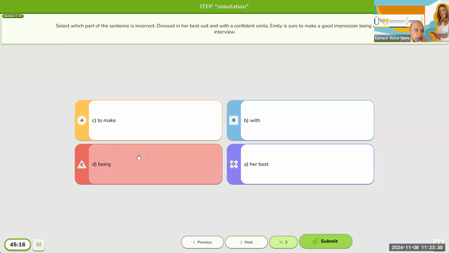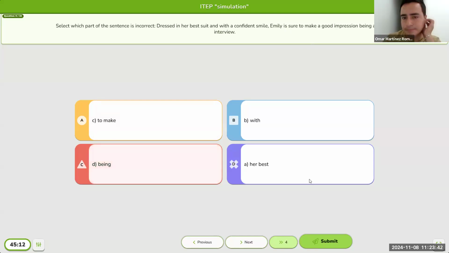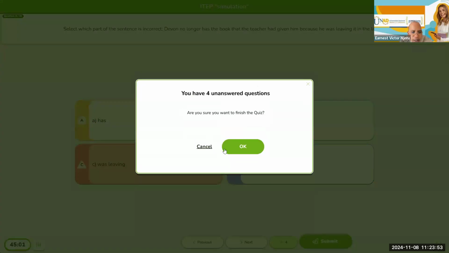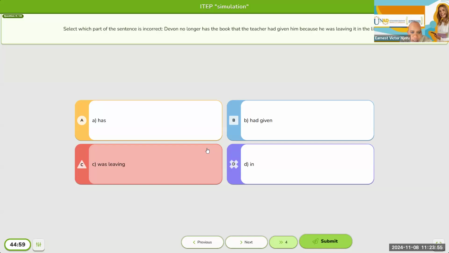Which one was the incorrect? Being. So once we get to 32, we have to submit. I think let's submit it because it's taking us behind. Submit, okay.